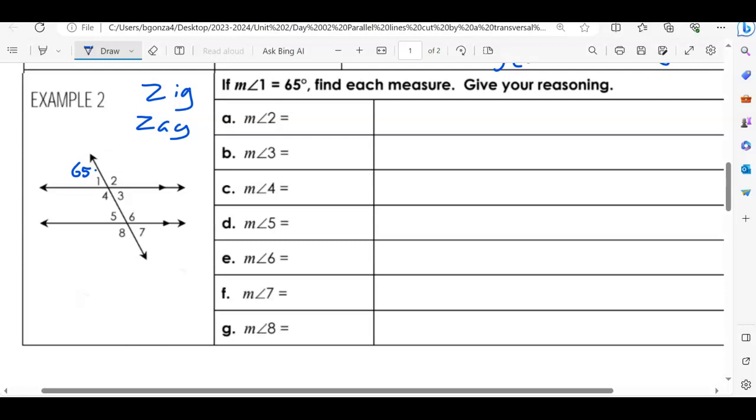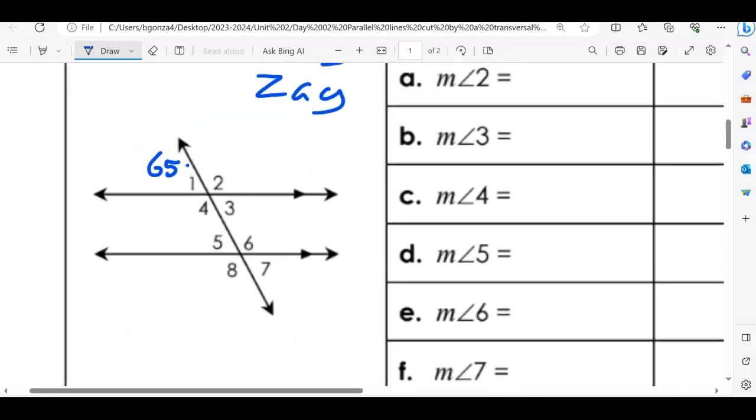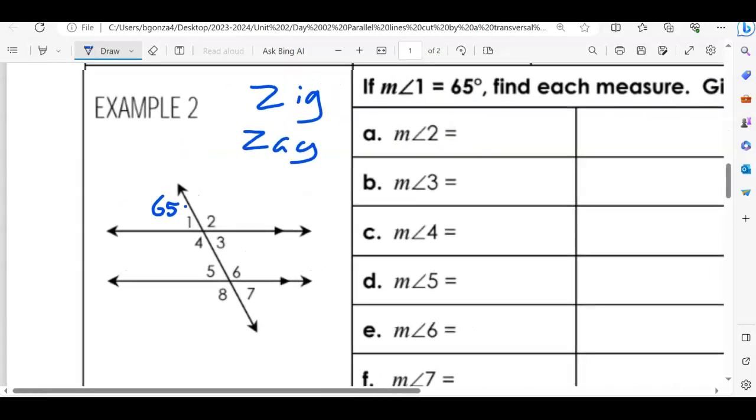Okay, now check this out. What is the classification of angle 1? Is that greater or less than 90? What does it look like? What do you call it when it's less than 90? Anybody?